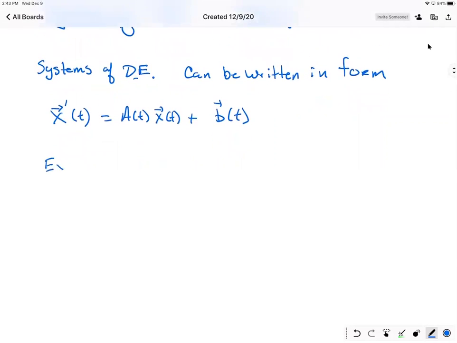For example, if I had x1 prime of t equals 3x1 plus 2x2 plus the cosine of t. So that's x1, take its derivative, equal to 3x1 plus 2x2 plus cosine of t.